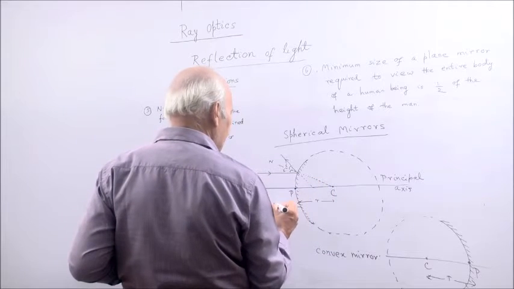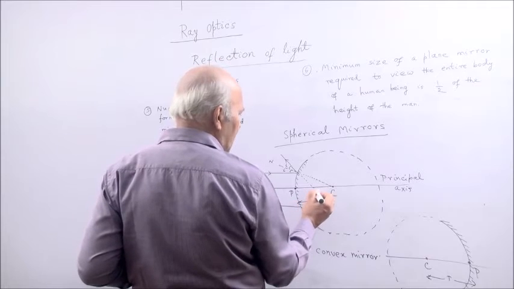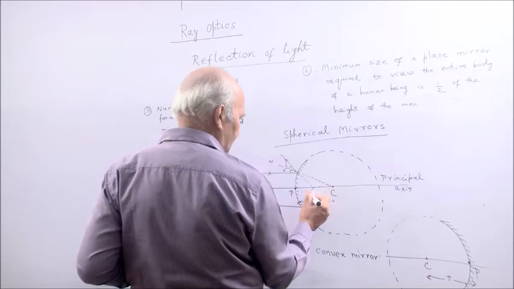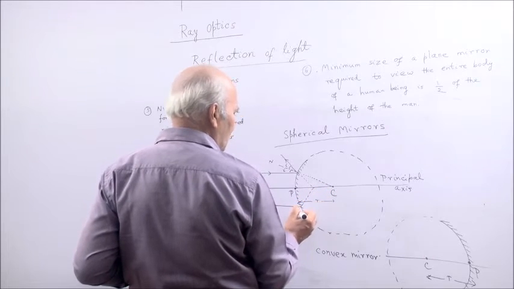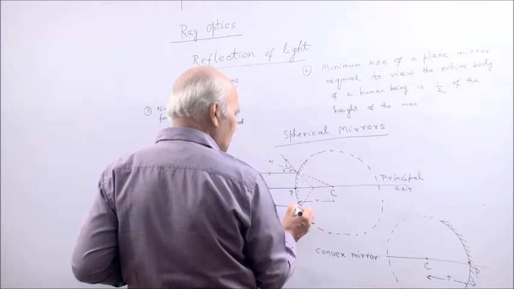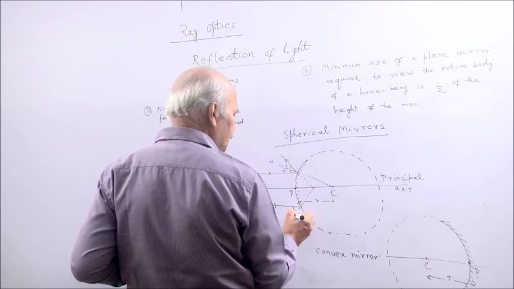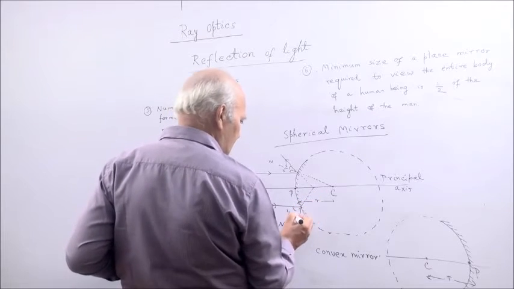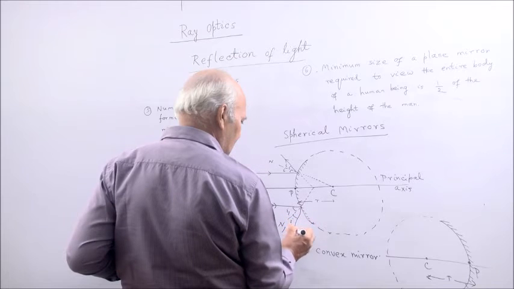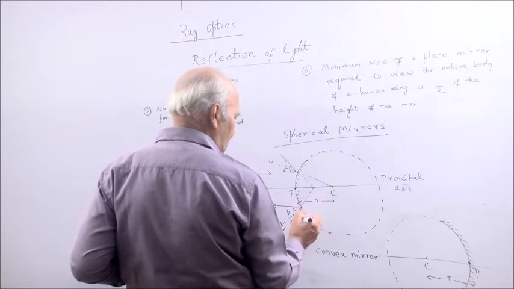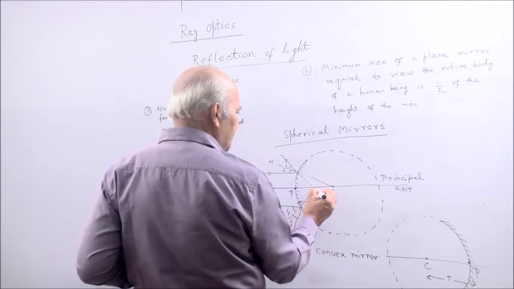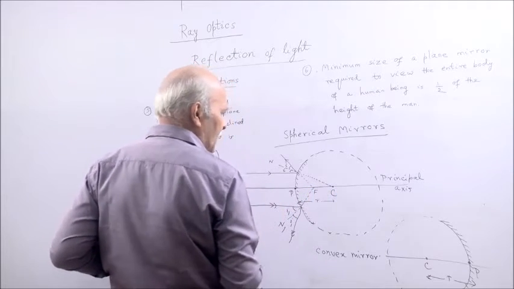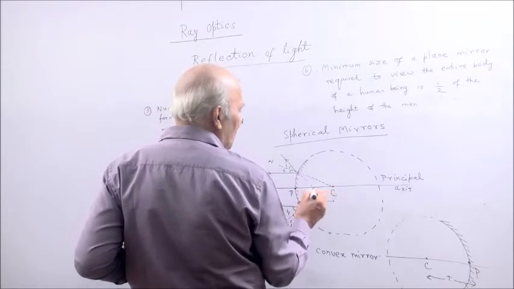So, it will appear to come from this point. Similarly, suppose you have a second ray, and it will be reflected in the same way. This angle may not be equal to this one. This is suppose I1, this normal is N1, this is your I1, second ray. Then this will be focus. So this is called focus.